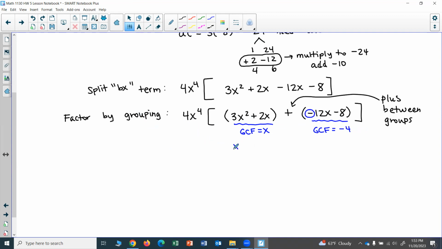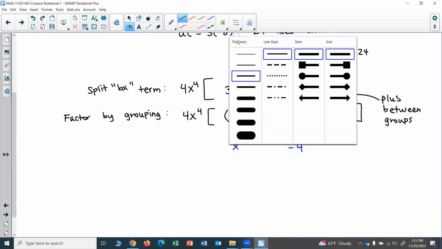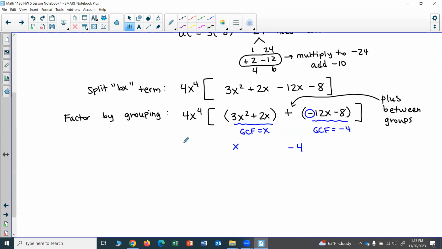So I'll have x and I'll have negative 4. Okay, so that GCF of 4x to the 4th is still out front. Inside my brackets, I have x, and then I'll have 3x plus 2. I pulled out a negative 4 from the second grouping, so I'll have 3x plus 2.